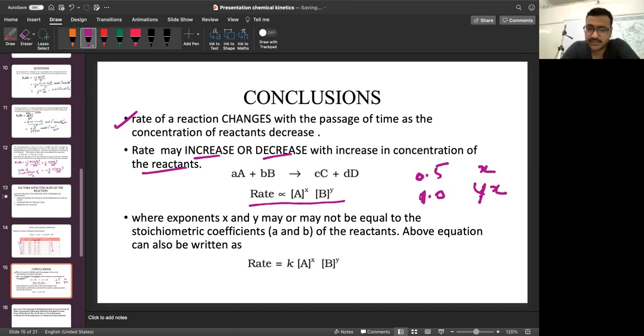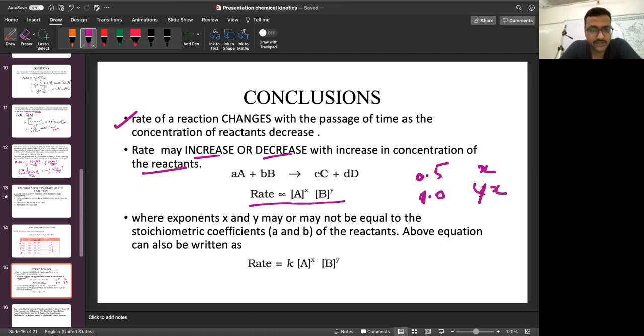Suppose on doubling the value of A, the rate of the reaction becomes half of its initial value. What will be the value of x? It will become half. Let's see. But these x and y are the experimental parameters that you need to understand.